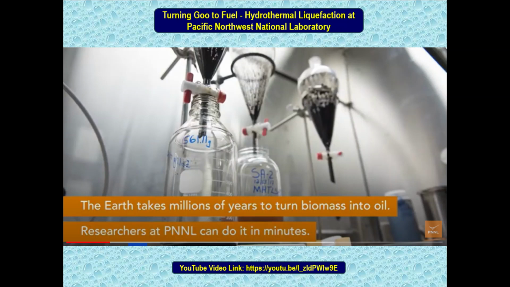The Earth takes millions of years to turn biomass into oil, whereas researchers at Pacific Northwest National Laboratory can do it in minutes. The below given YouTube video link provides you more information about the process in which it has been done in this laboratory, Pacific Northwest National Laboratory.